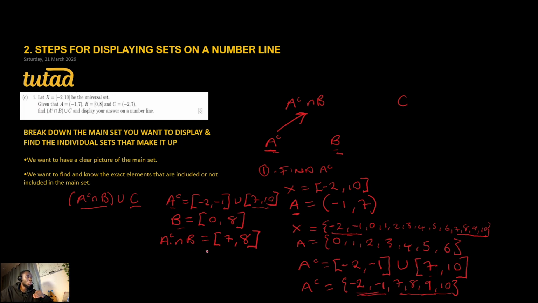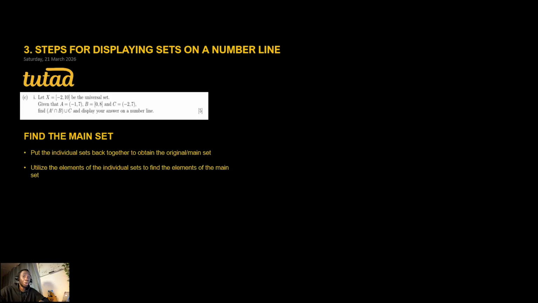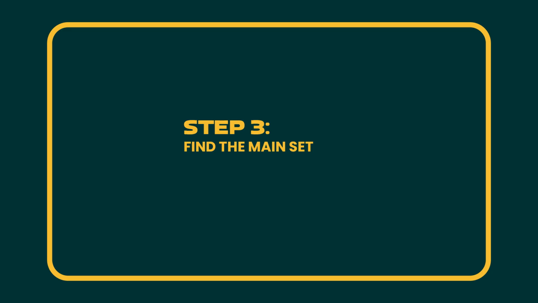Now that we have found what our A complement intersection B is, we have all the ingredients that we need to find our main set, which is what we are going to do in our next step. So let's move on to our next step. So the third step that we're going to take to help us achieve our goal of displaying our main set on the number line is to find the elements of the main set.